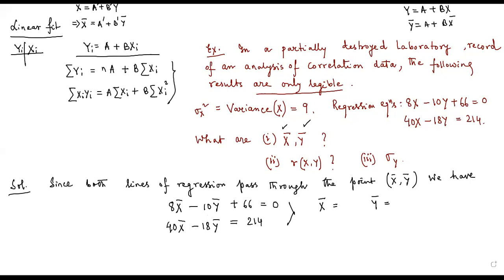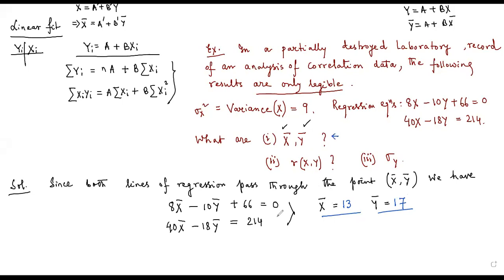Once you do it, you write it in the chat box, and then I'm going to continue with this particular problem. So these are the values that you have calculated. The mean of x is 13 and mean of y is 17. Now you see the first part of the problem is done.